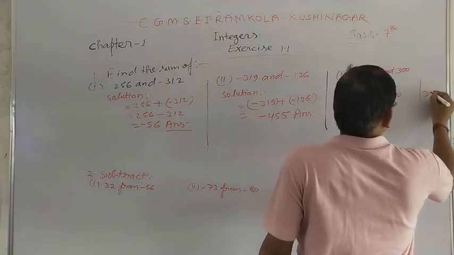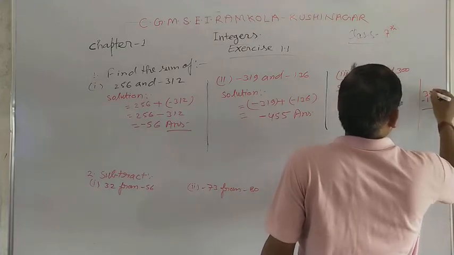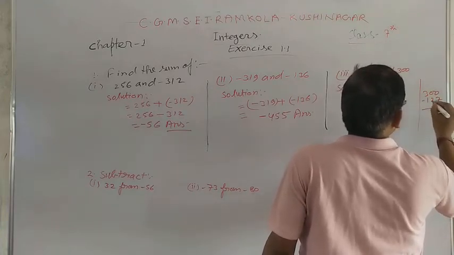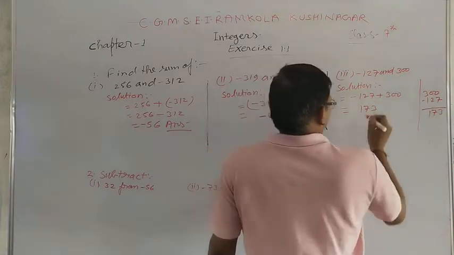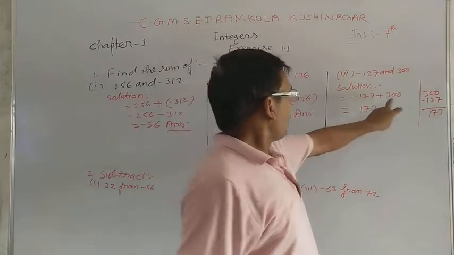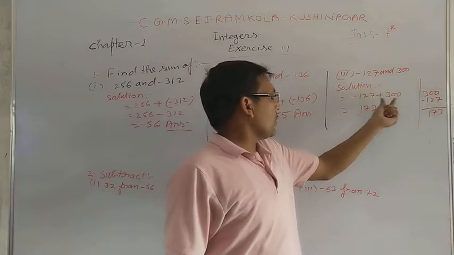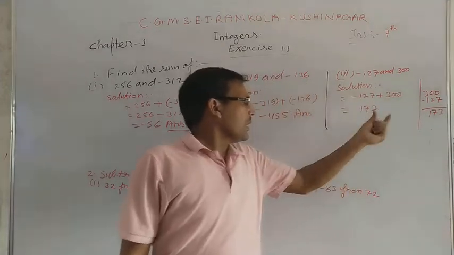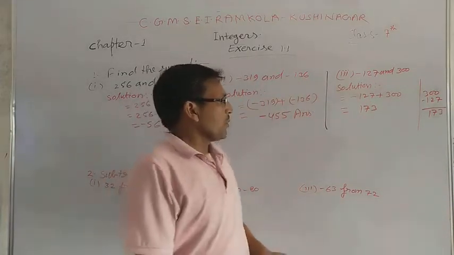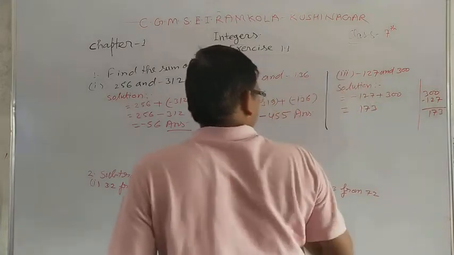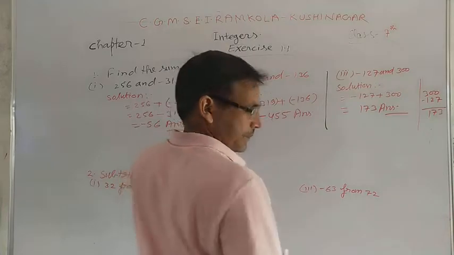Then here 300 minus 127 is 173, and here we compare both the integers. Here 300 is positive and 127 is negative. Then the answer will be a positive integer, because the positive integer is greater than the negative integer.